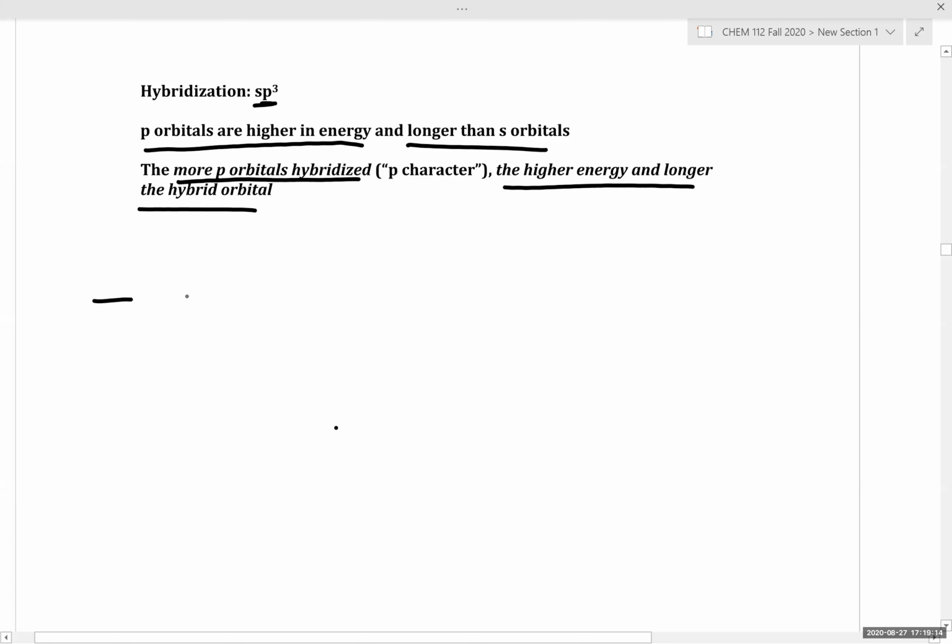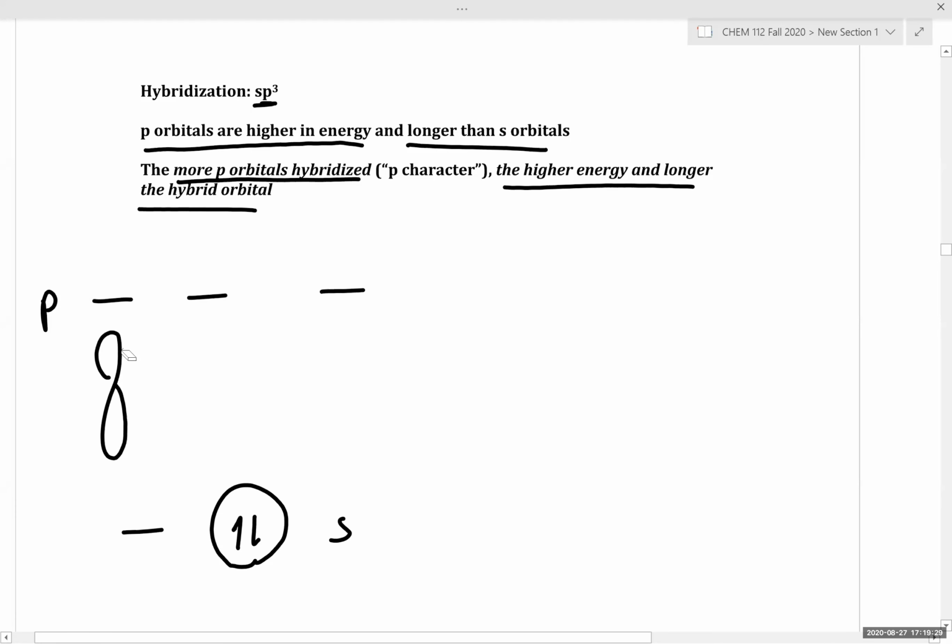So just to draw out our hybridization picture once again. So we have our s orbital, which is relatively low in energy, and it's spherically shaped. The p orbitals are longer and they're higher in energy.